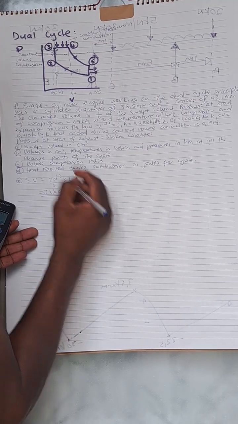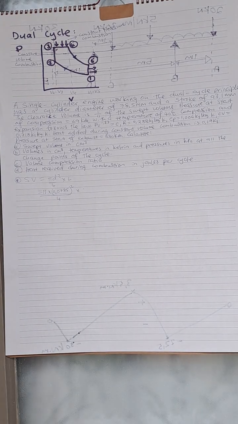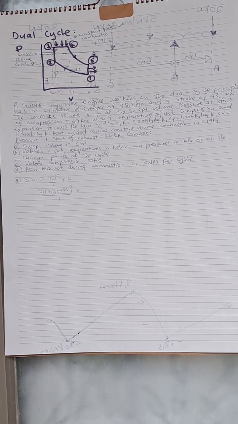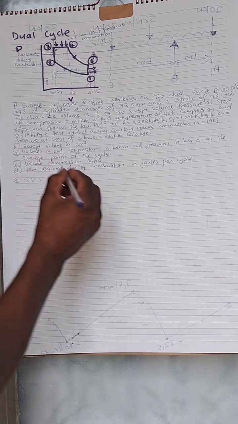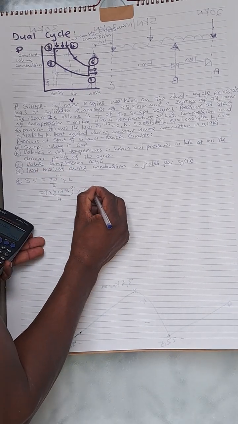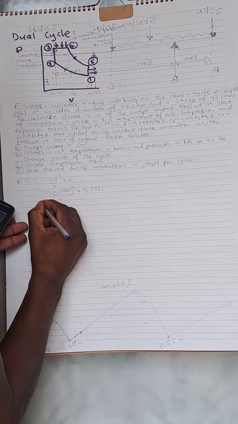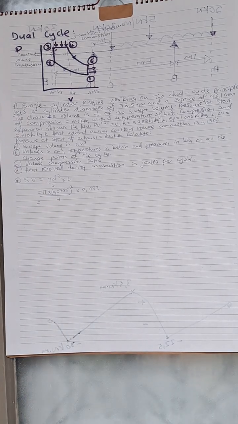Our stroke is said to be 93.1 divided by 1,000, 0.0931. So let's get our volume.